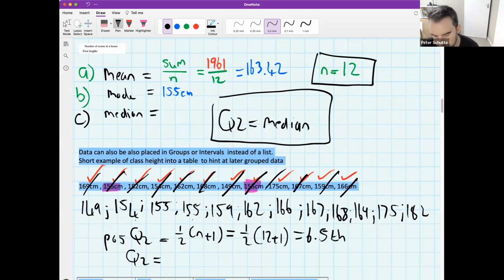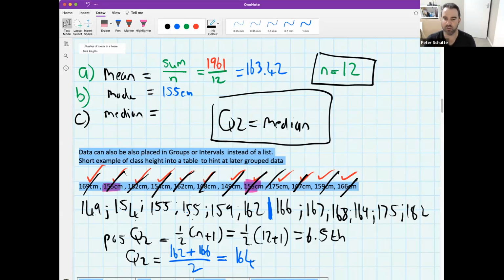So the 6.5th position. So now I go to my list and I go 1, 2, 3, 4, 5, 6, 7. The median falls between 162 and 166. So how do I find it? I simply average out those two values. I go 162 plus 166 divided by 2, and I get 164.